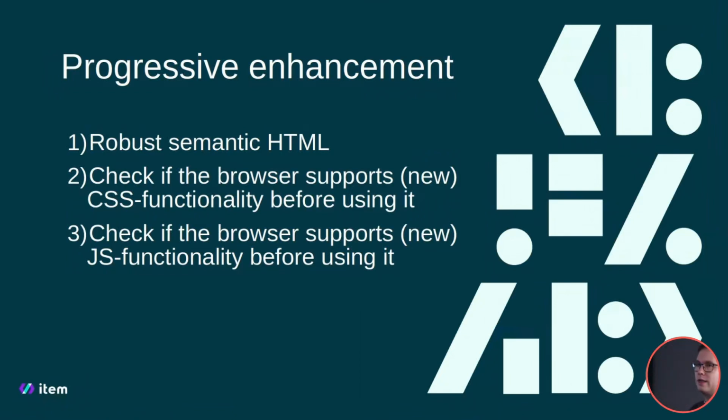Okay, so at the bottom, robust semantic HTML, and then on top of that I put CSS, and that just makes the experience better. I can use new CSS functionality, things that have come in the last few years, but I usually build that in a way that it can always fall back to something underneath that works already. So that's why I do mobile first, because it's often an easier layout.